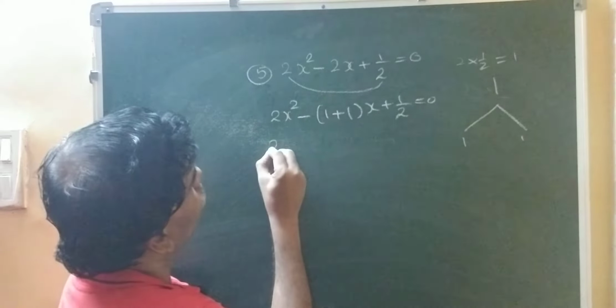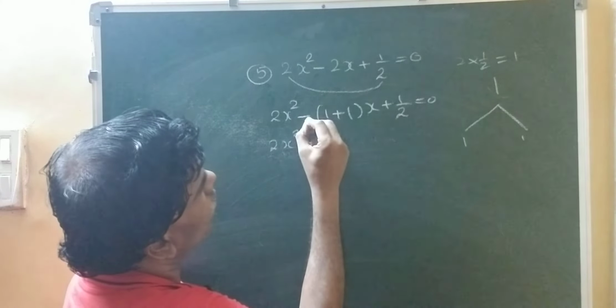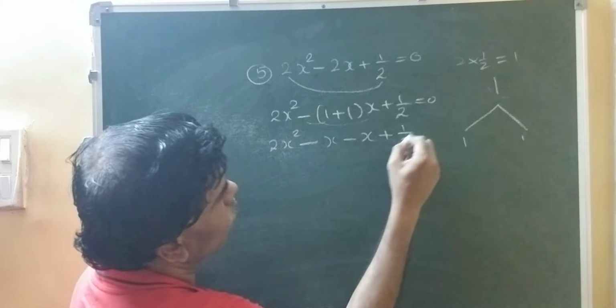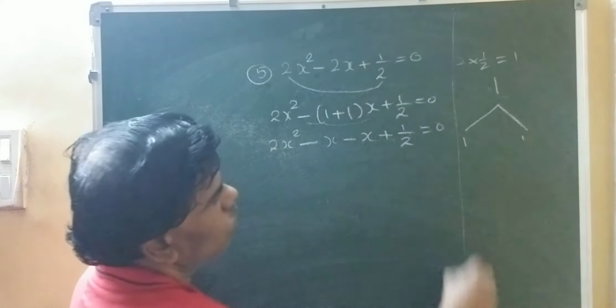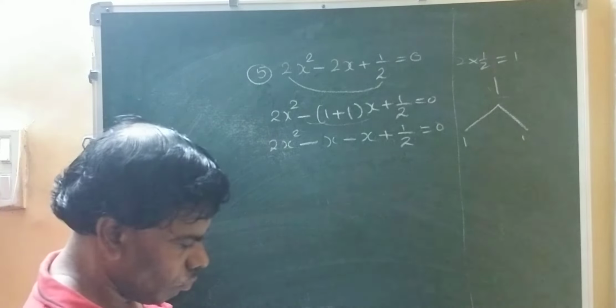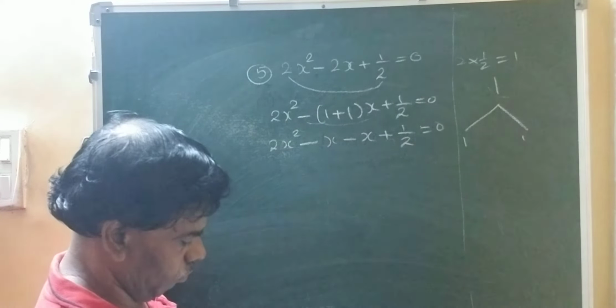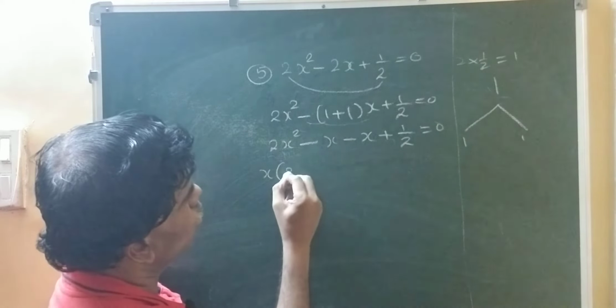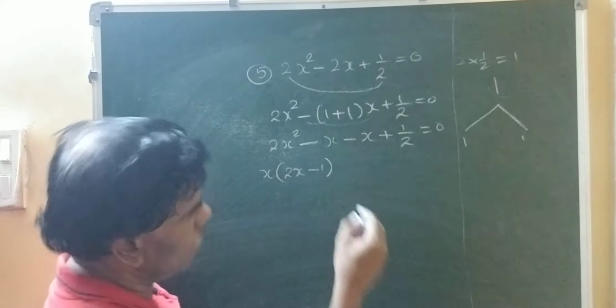Now 2x square minus x minus x plus 1 by 2 is equal to 0. So now what is common here? x. So 2x minus 1.